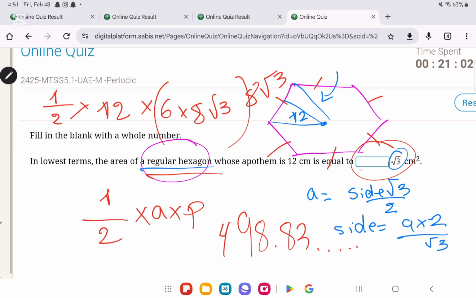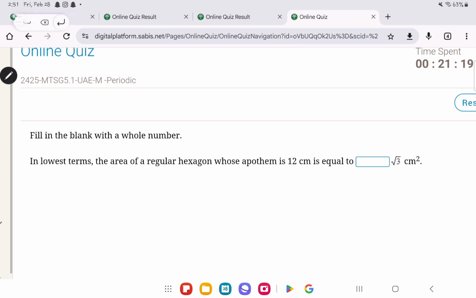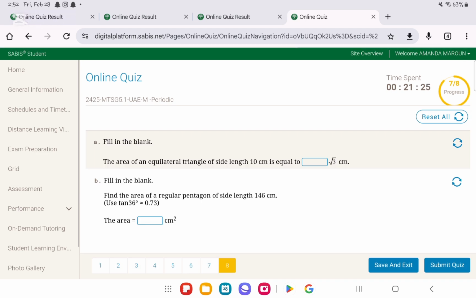So whatever number is multiplied by radical 3 will give us this number. That means this number, if we divide it by radical 3, you are going to get the answer which we are supposed to put over here, which is 288. So it is 288 radical 3 centimeters.